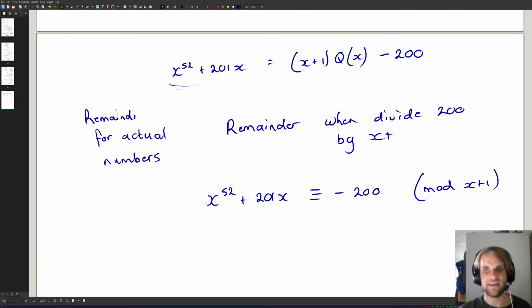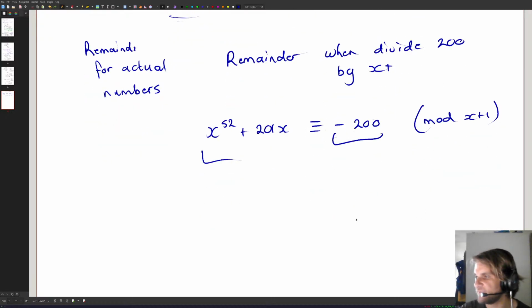You still get that x to the 52 plus 201 times x is congruent to minus 200 mod x plus 1. And so the remainder when you divide this by x plus 1 with actual numbers, like 200, and the actual remainder that you're interested in are the same modulo x plus 1.